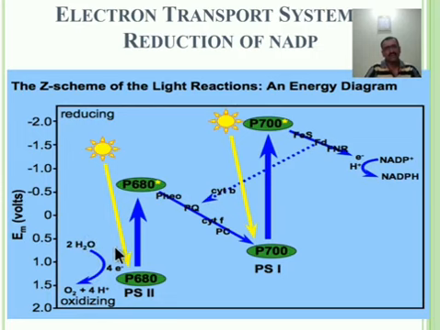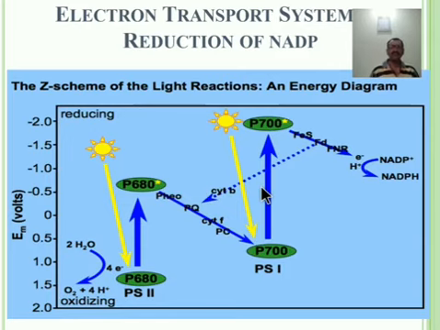That is the first important outcome of the light reaction. In this way, there are two most important outcomes: first is the oxygen, and another is the energy in the form of ATP and NADPH. This is undertaken in the Z scheme. It is also known as an energy diagram because in this process the energy is produced.